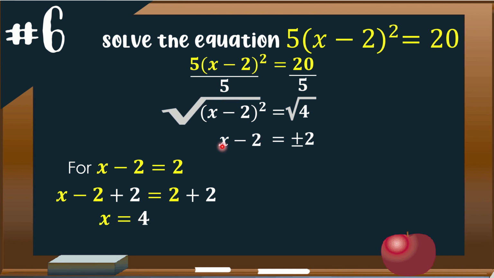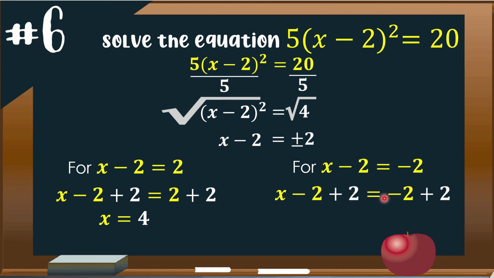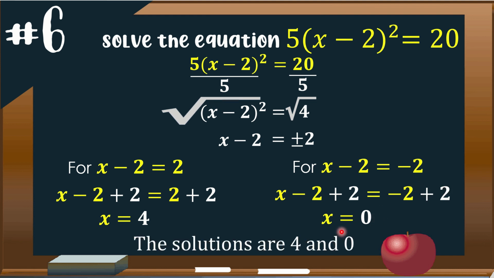Let us have the second one. X minus 2 is equal to negative 2. So, yan yun. Applying addition property of equality, we will add again positive 2 to both sides. Therefore, x is equal to 0. Magiging 0 na yan kasi negative 2 plus positive 2 is equal to 0. Therefore, the solutions are 4 and 0.